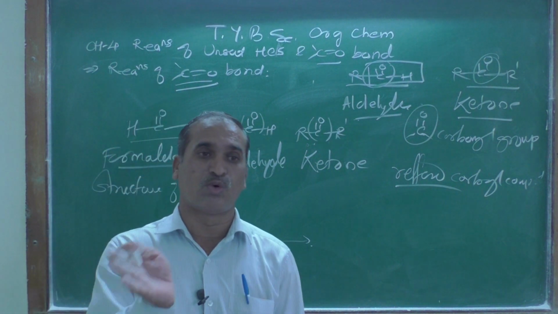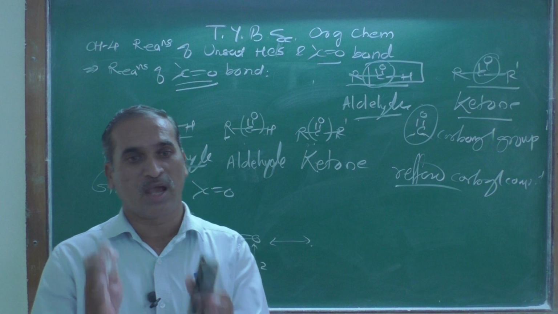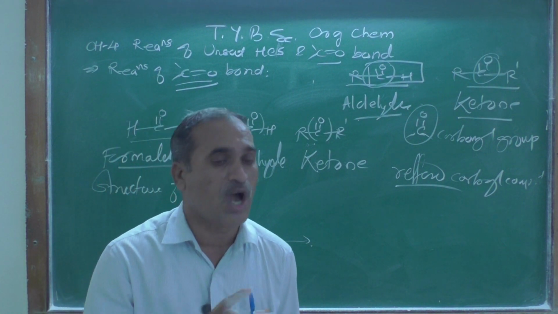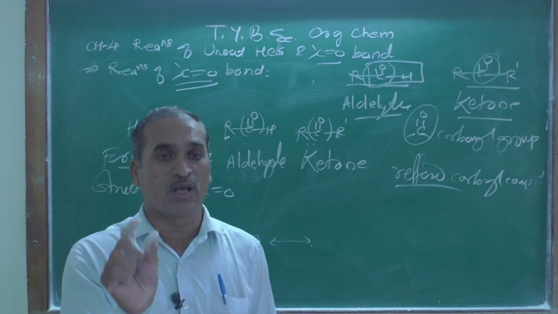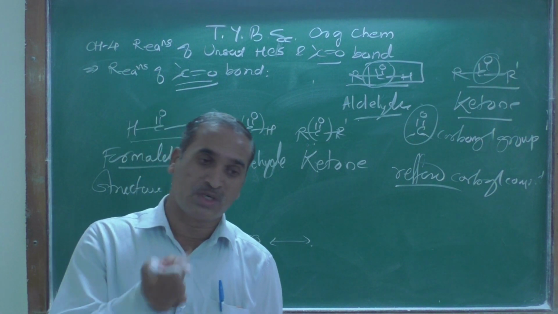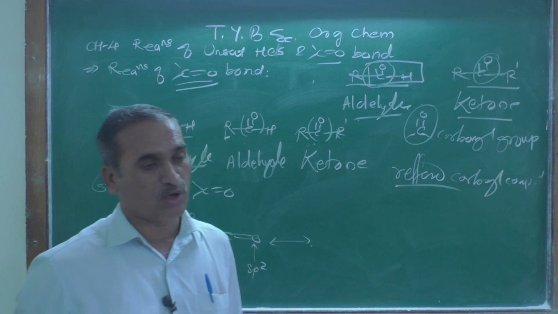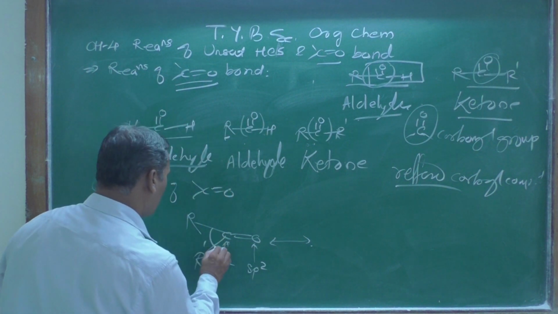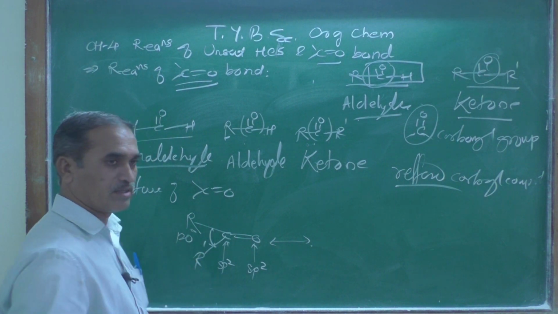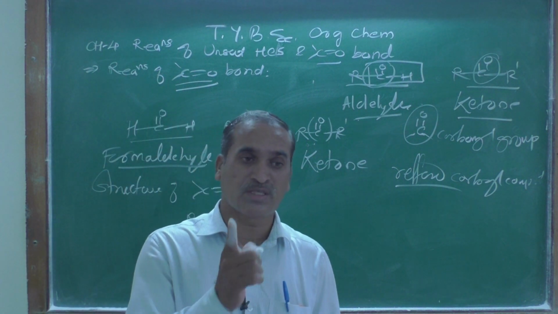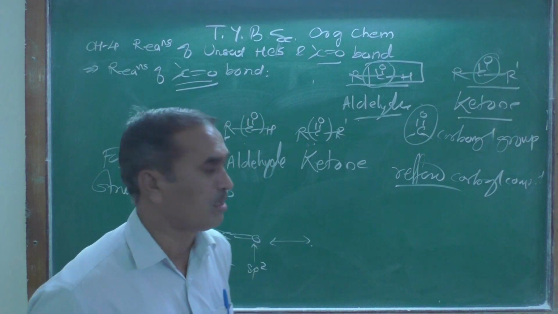And as we know, sp2 hybridization has a definite geometry. What is the name of that geometry? That is trigonal planar in nature. Can you tell me the bond angle present there? The bond angle found in this is 120 degrees, the bond angle always found in trigonal geometry.